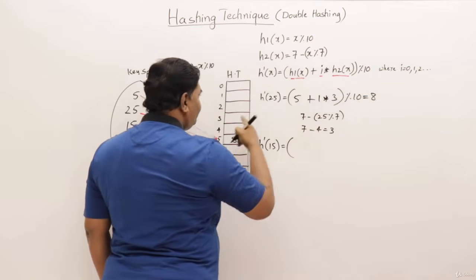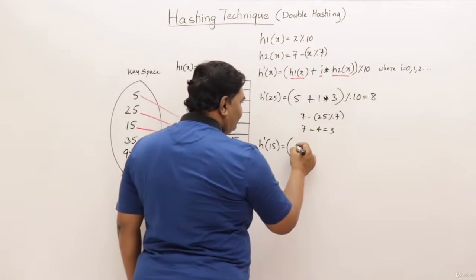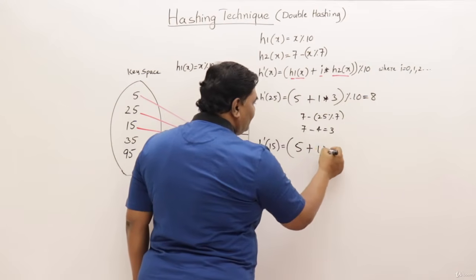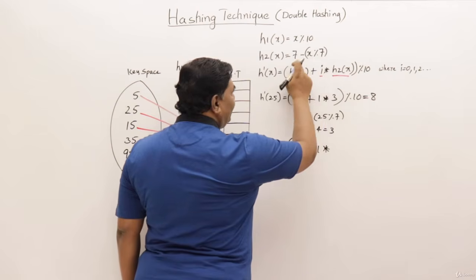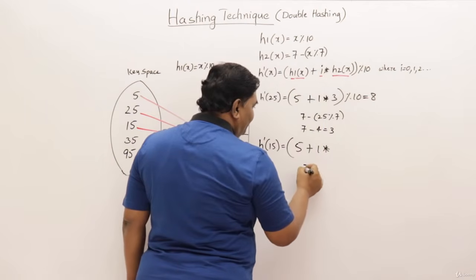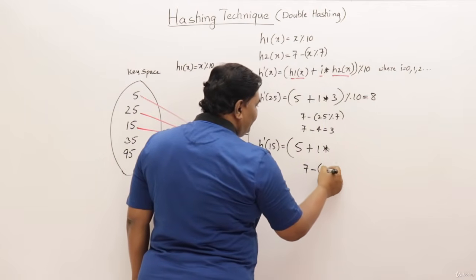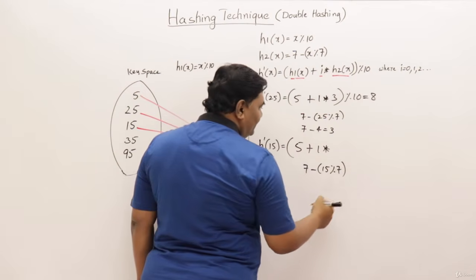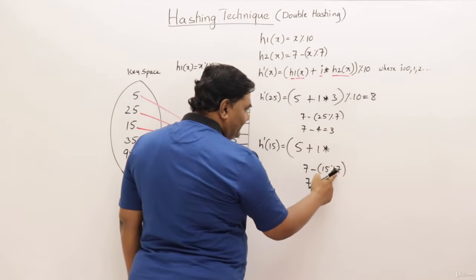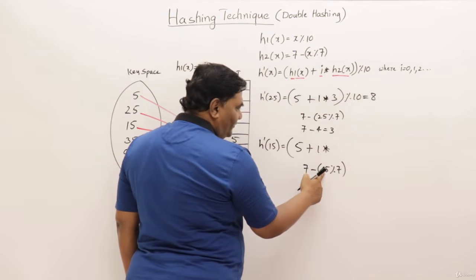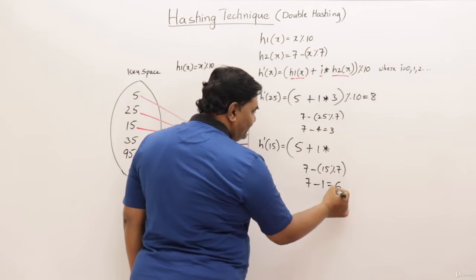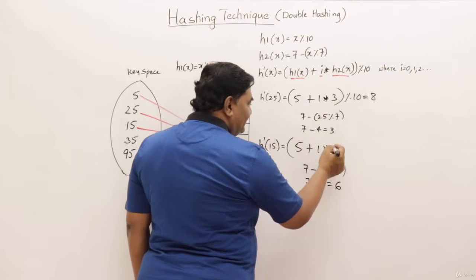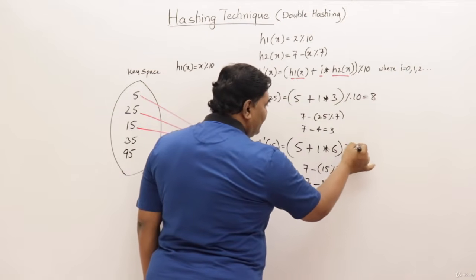The result of h1 was 5, so that is a collision. 5 plus, now 1 into the result of h2 of x. x is 15, so I will evaluate this one. 7 minus 15 mod 7. 7 will divide 15 two times, 14, remainder is 1. So this is 7 minus 1, this is 6. This is 6 mod 10.